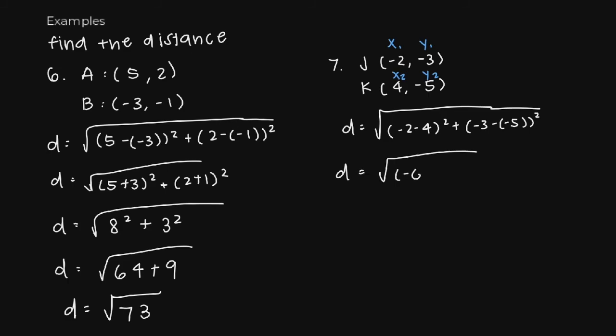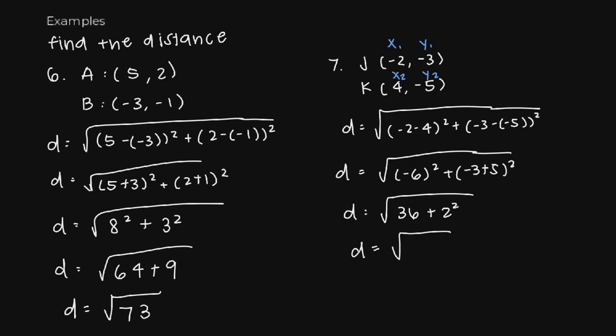So that's negative 6 squared plus negative 3 plus 5 squared. So that's 36 plus 2 squared. And 2 squared is 4, so that's 36 plus 4. So we get distance equals square root of 40.